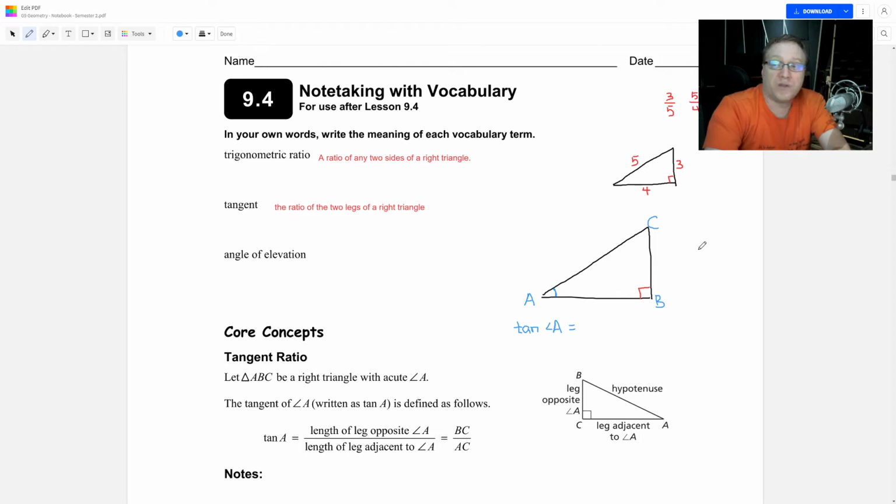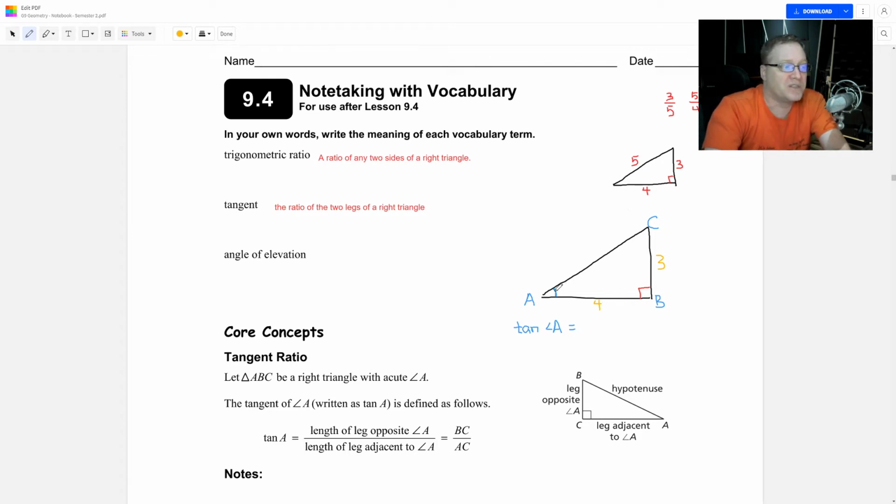Well, we already said that the tangent is always the ratio of the two legs. And let's say, again, that we know that this side over here is 3. This leg is 3. And let's say we know that this one is 4. Okay, so how do we know what the tangent of A is? Is it going to be 4 over 3 or 3 over 4? It could be either one, right?